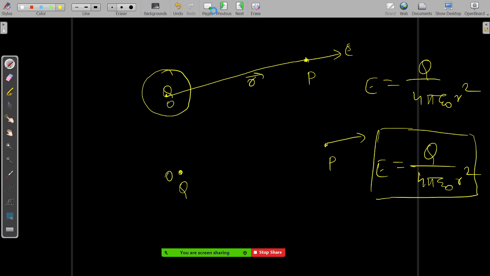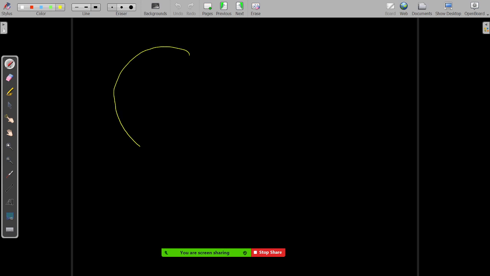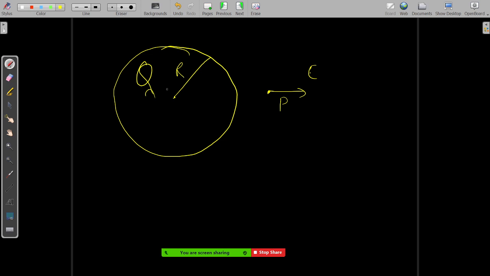Okay, we will draw another diagram. Let's say this is a uniformly charged sphere. This is our radius, and we want to find an electric field at this particular point P. So this charge Q has been given to this sphere, and this charge is distributed everywhere.